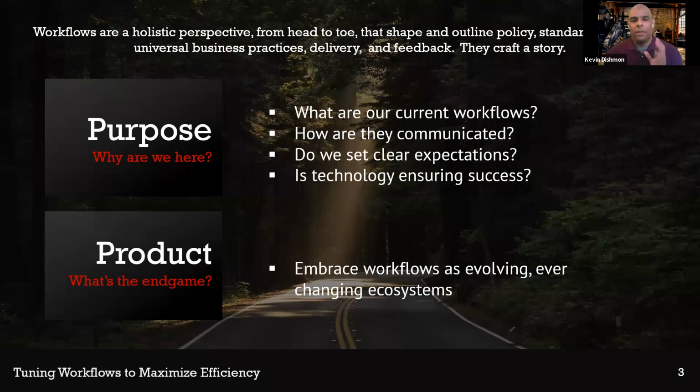What's the outcome? What are we looking for? What's the end game? The end game from today's talk is that we want to walk away with the notion of embracing workflows as evolving and ever-changing ecosystems. They don't stay static, and we want to be comfortable with that concept: we build them, we share them, we want them to be successful, but they're not going to take care of themselves.